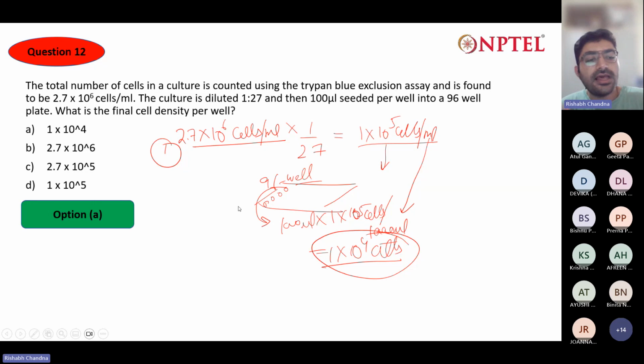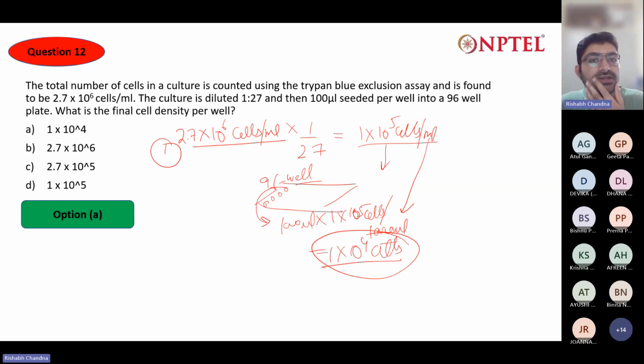This question can be asked in another way also. If you are seeding in a 6 well plate and 1 ml of cells is added to each well, and this is the cell density, then what is the dilution that you are using? Secondly, this question is important in every cell culture experiment.